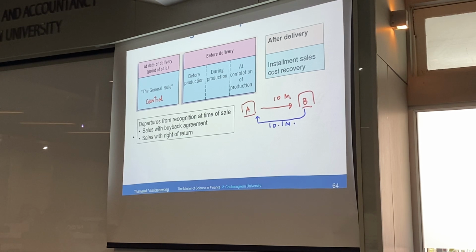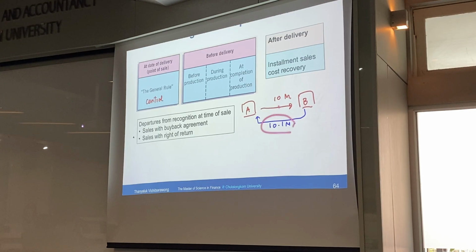We also can have some other types of special cases. The company sells the product with a buyback agreement. This kind of condition doesn't mean that you already transferred the control. You sell it today and then you have an agreement to buy back later at a price higher than the selling price.